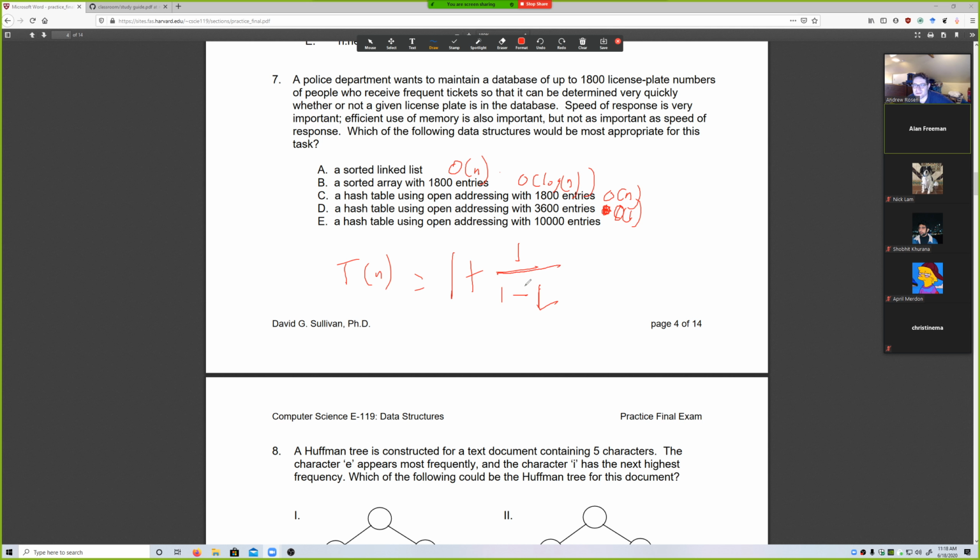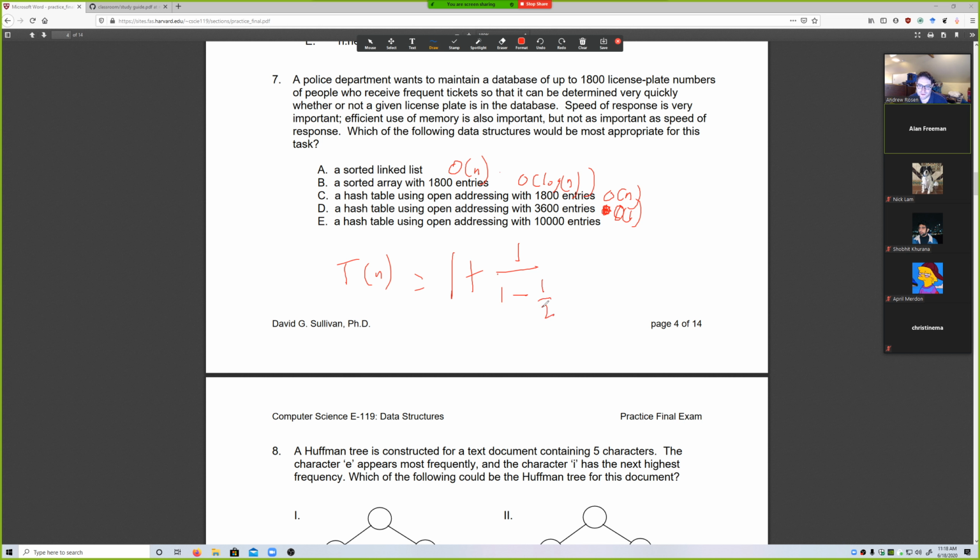Does anybody remember this formula from the slides in the videos? Yep. L here is the load factor, which is the percentage of things that are filled up. In this case, the load factor would be 1/2, 1,800 out of 3,600. So let's do some really quick annoying math.